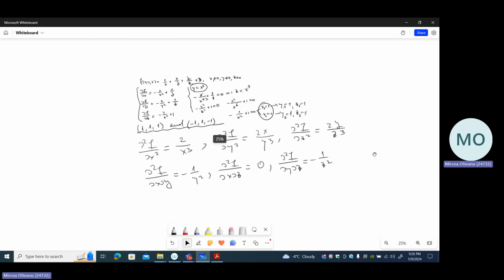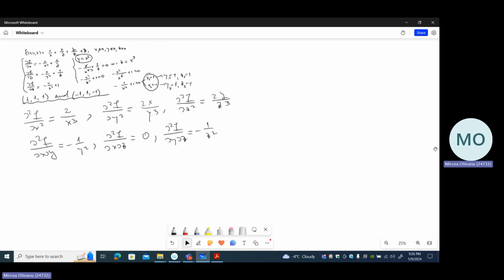Now the general Hessian matrix of f at an arbitrary point is given by a symmetric matrix, as we know from the theory.